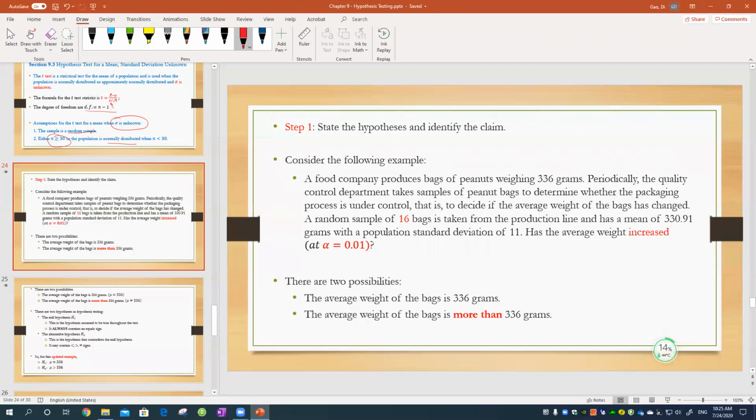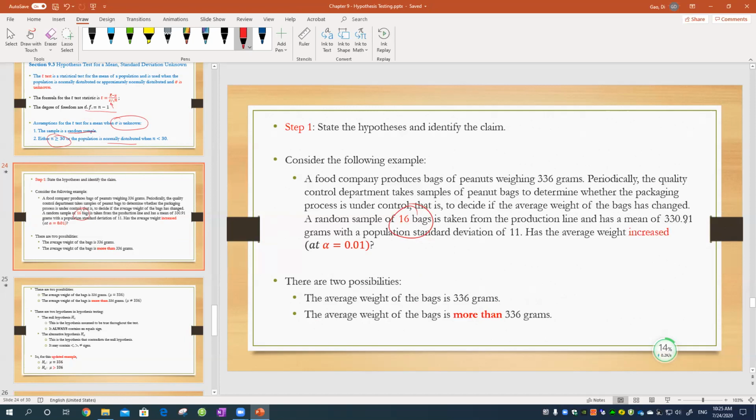A random sample of 16 bags is taken from the production line and has a mean of 330.91 grams with a sample standard deviation of 11. Has the average weight increased at alpha equals 0.01? So this chapter is mainly about when sigma is unknown.